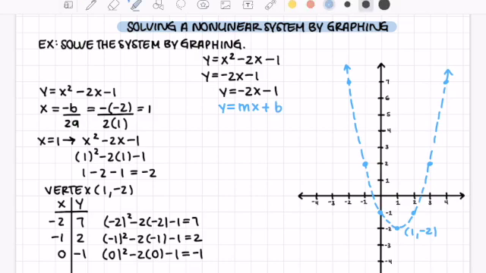My m is equal to -2, and my b is equal to -1. So I know that my slope is m equaling -2. If I want to change that into a fraction, that would just be -2/1. My y-intercept, which is b, is equal to -1.